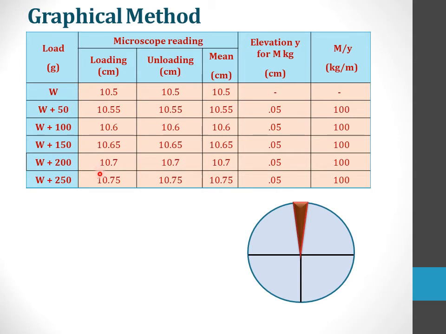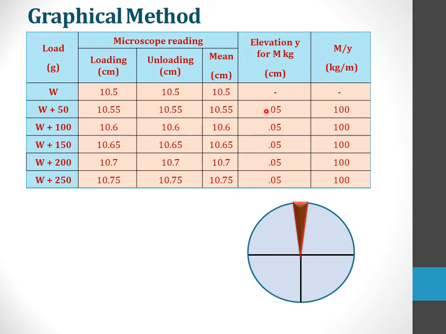The procedure is repeated now by decreasing the load in steps of 50 gram. Therefore, the readings are noted from the last row and upwards. The mean of the loading and the unloading readings are written under the mean column, and using the readings which are in the mean column, the elevation of the beam for a mass of m kg is noted down.